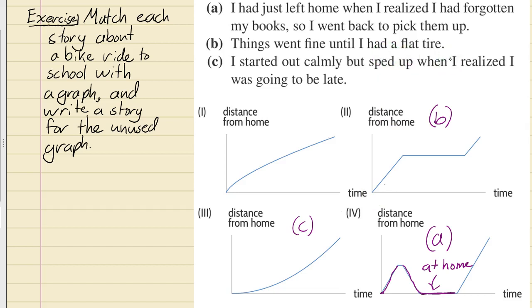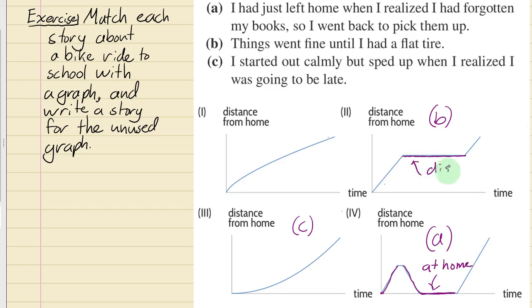Things went fine until you have a flat tire. So while you're sitting there with a flat tire, your distance from home is going to stay the same while you fix it. Or while you call an Uber to pick up your bike and carry you and the bike to school. Whatever you do, there's going to be a while where it's staying the same. So this one with slope 0 means that you're not moving.